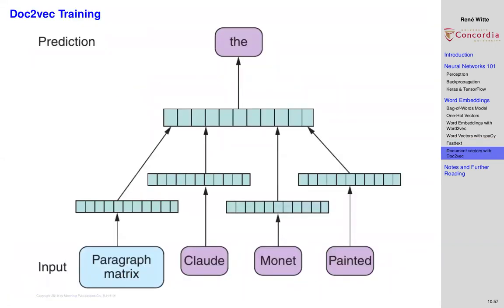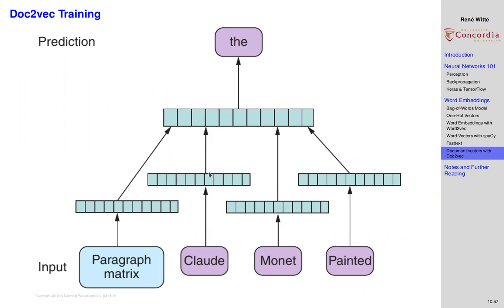And finally, there is a way to compute word vectors on whole documents. There is a library called doc2vec, and the idea is that you get a single vector representing a complete document, somewhat similar to what we did before with TF-IDF vectors of a document, but now using these word vectors.